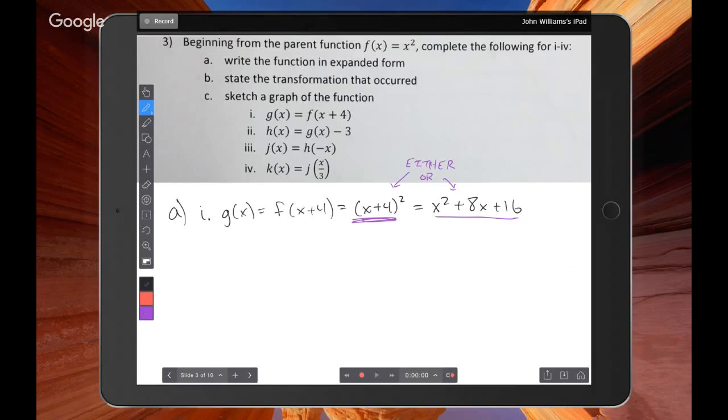Okay, so now step 2, we're at h of x equals g of x minus 3 equals x plus 4 squared minus 3 equals x squared plus 8x plus 13. Sweet.